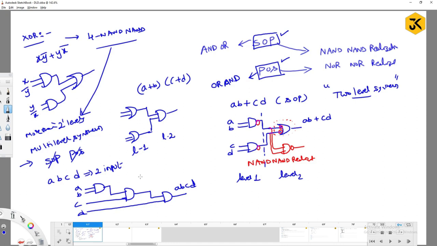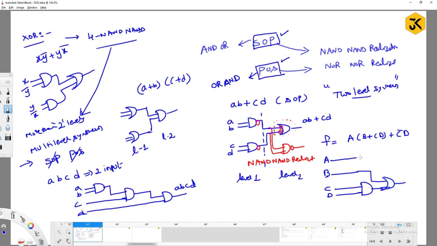For example, take the function f equal to a into b plus cd or c bar d, right? If you try to construct the circuit, you are going to get more than 2 levels. Why? First I take a as input directly, then I need to construct b plus cd. For this cd there should be an AND gate. This AND gate's output is going to perform the OR operation with b. You get the next level.